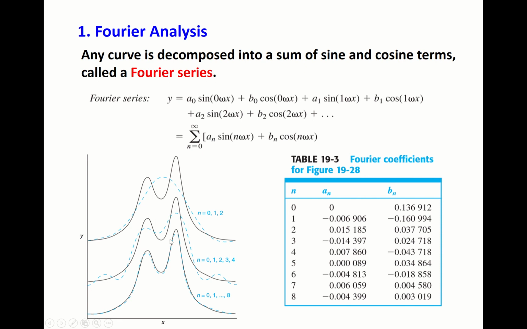For example, here the upper one. In this case, n is 0, 1, 2. This table shows how many cosine functions you need. When you use n = 0, 1, 2, an is the coefficient given here.